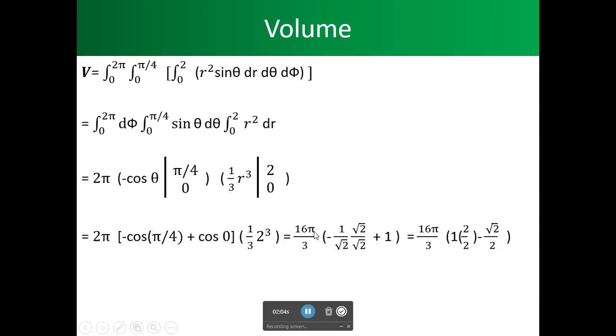So this is our constant that'll stay out front. Now we have negative 1 over the square root of 2. We want to remove the square root of 2 from the bottom immediately, so we multiply by square root of 2 over square root of 2, plus 1 for the cosine of 0. We still keep the 16 pi over 3 out front.